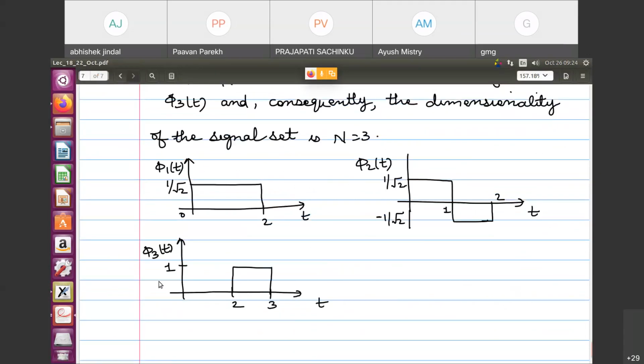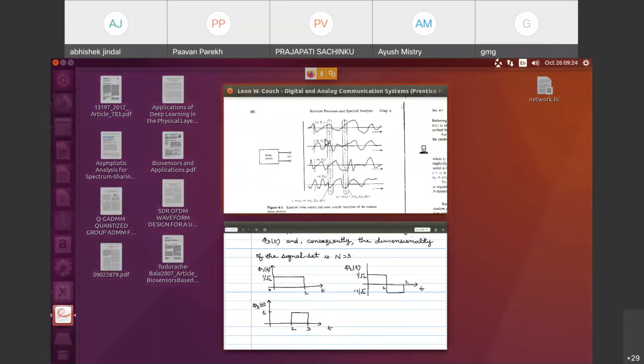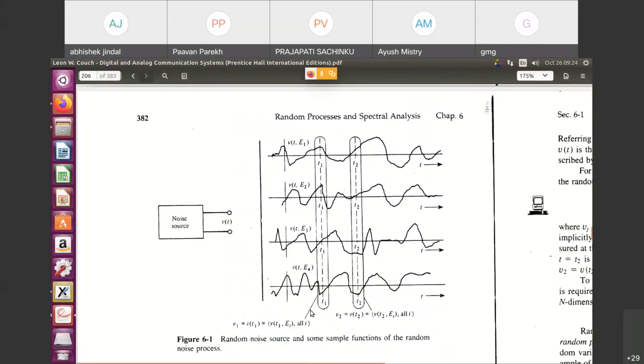Let us see this figure. From the figure we can see this. Let us say you fix a time t1. At t1, I am evaluating the mean, and at t1, I am evaluating the variance. Now this mean and variance can be strictly different from the mean and variance I will observe at t2.